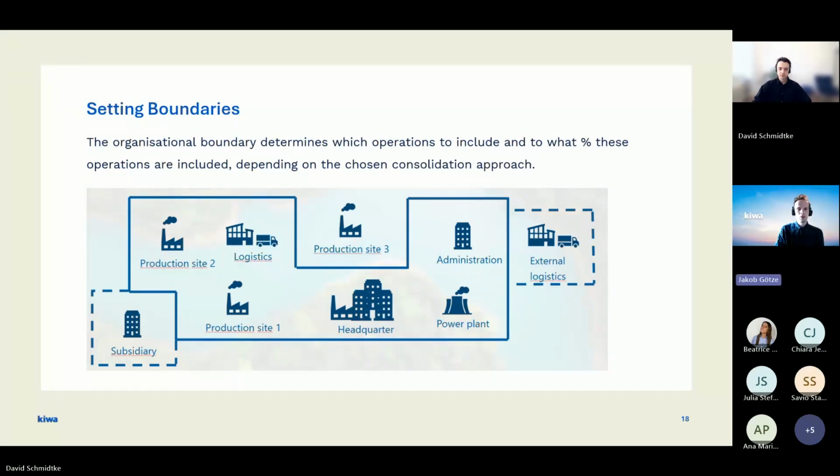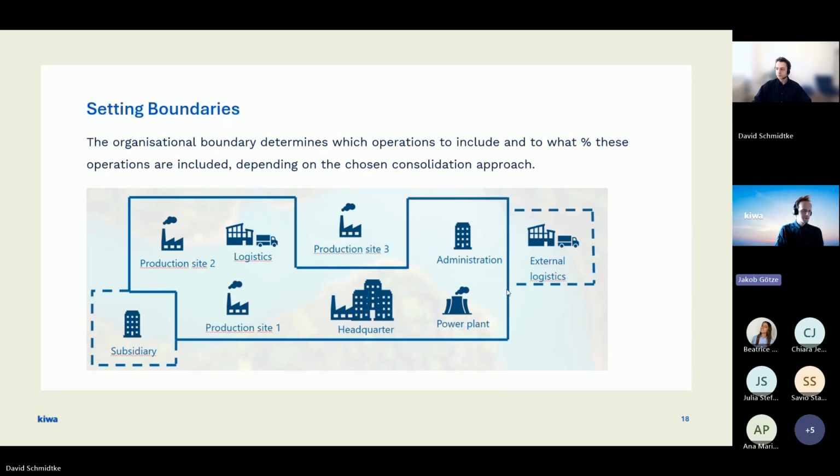That could be due to having financial or operational control or owning 100% of the equity shares of those entities. Then we have the dashed lines, which is the subsidiary and external logistics.